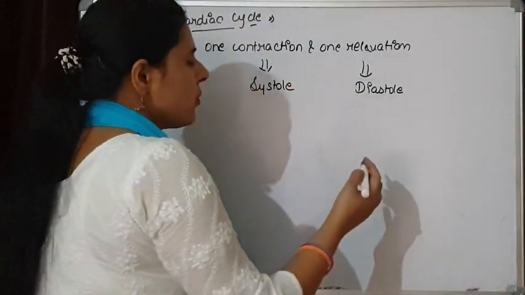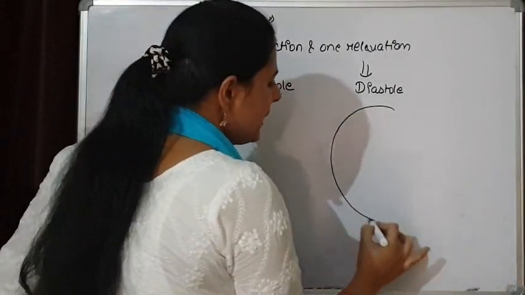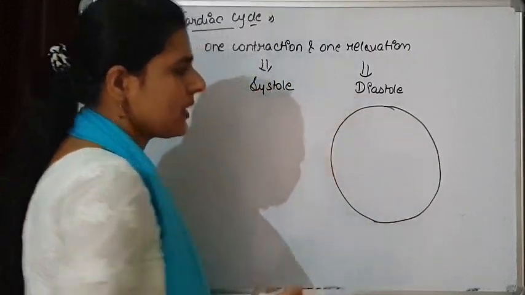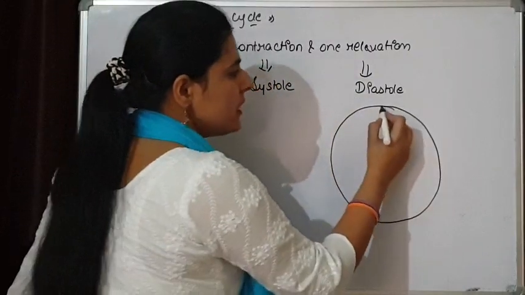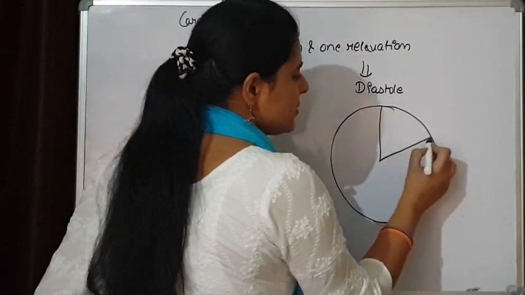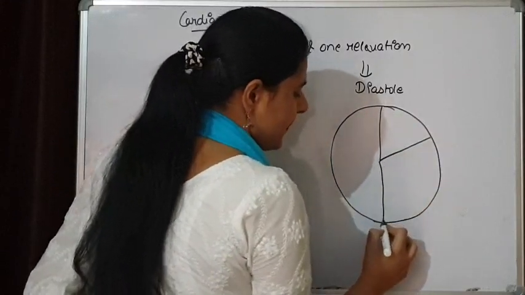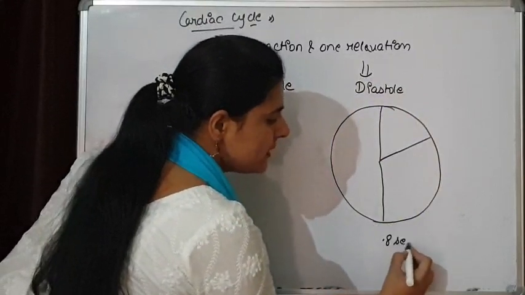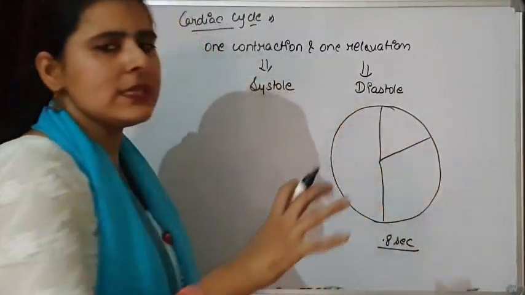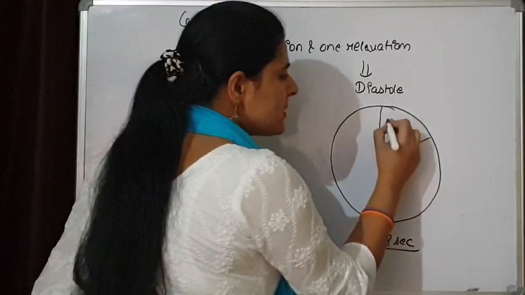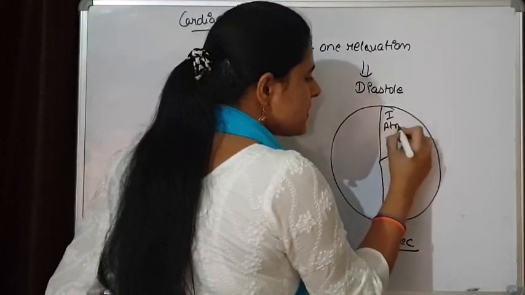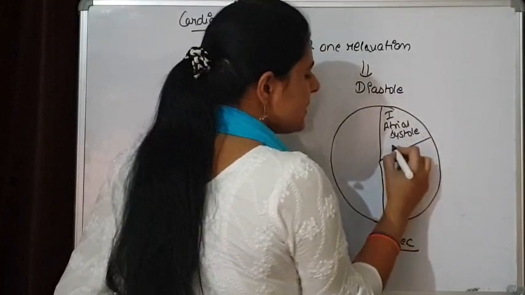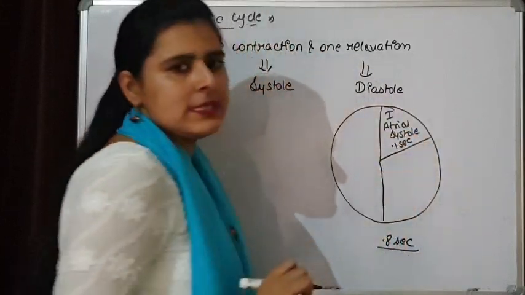If I want to draw the cardiac cycle as a whole, it is a cyclic process having three phases, three stages. The combined cardiac cycle takes 0.8 seconds. Out of this, the first process is atrial systole, which takes 0.1 second.